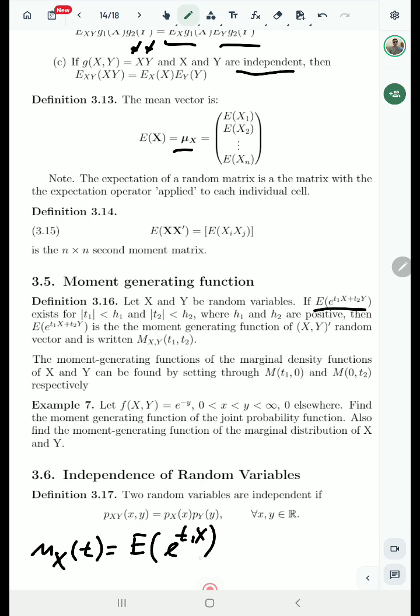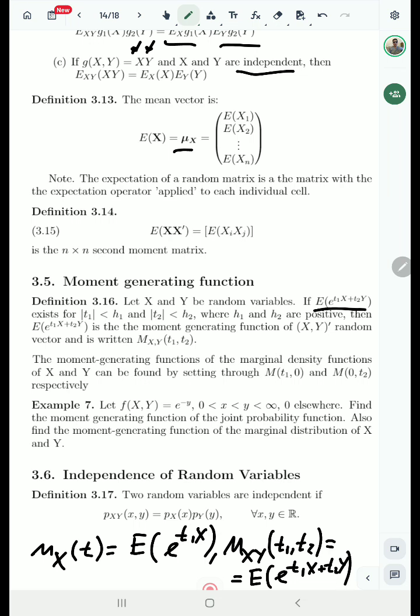But if you want to extend this analysis to p-weighted case, then moment generating function of xy will depend on two parameters, t1 and t2, and that can be found by the expectation of e to power t1 times x plus t2 times y.